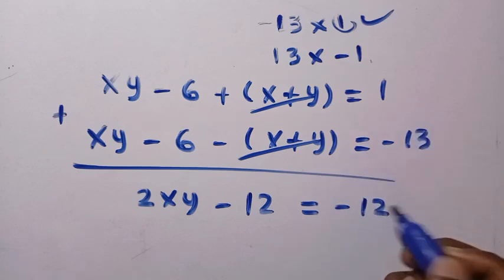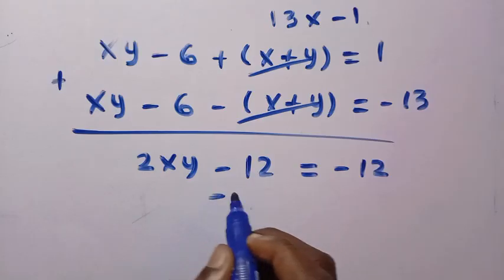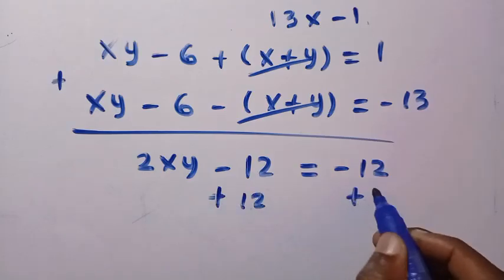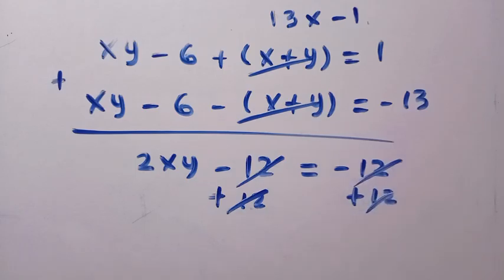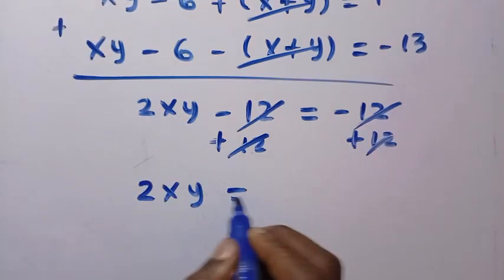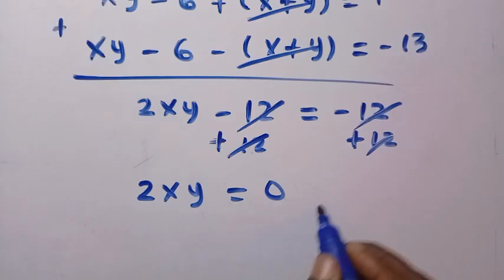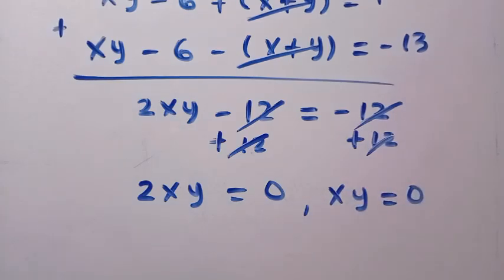So 1 minus 13, that is minus 12. Then by adding 12 to both sides, this cancels and this also cancels. We have 2xy equals 0. We can just conclude that xy here equals 0.